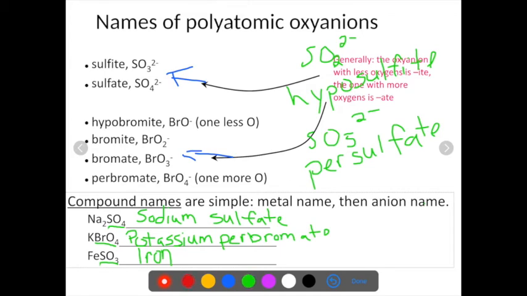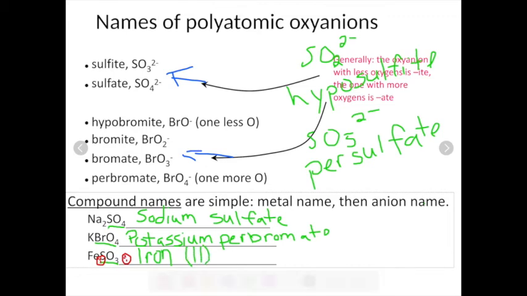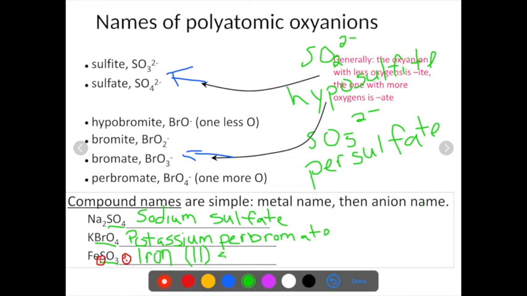That 2 is not showing up here, and there is nothing over here for iron, so it had to have been reduced to the empirical formula. If there's no 2 here, there had to be a 2 here. So this is iron(II) sulfite.